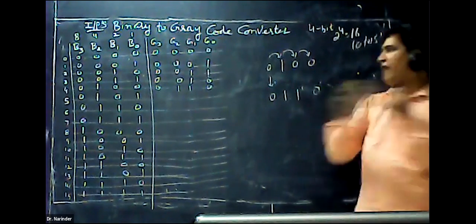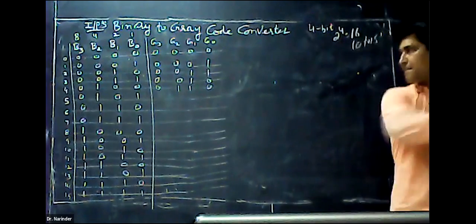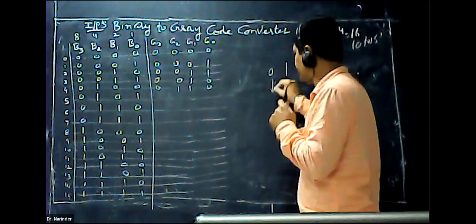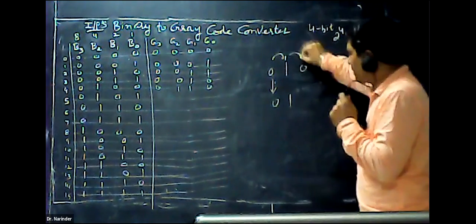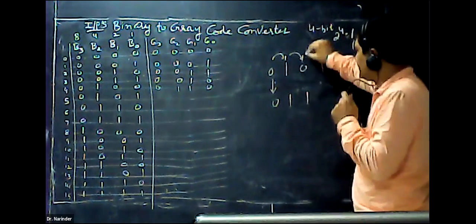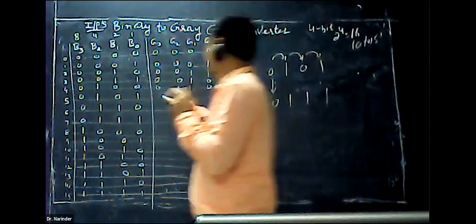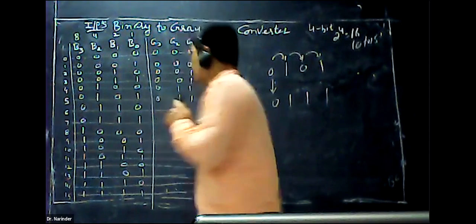Now go for 5. 0, 1, 0, 1. This is 0. 0 plus 1 is 1, 1 plus 0 is 1, 0 plus 1 is 1. So this can be written as 0, 1, 1, 1. 5 is 7.